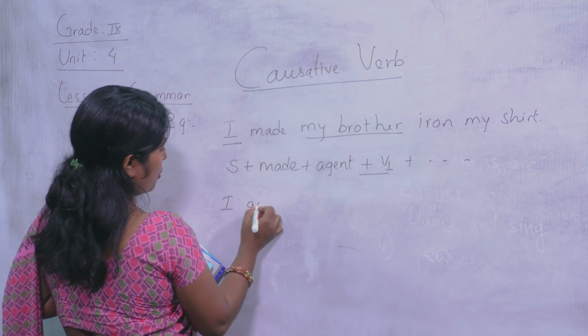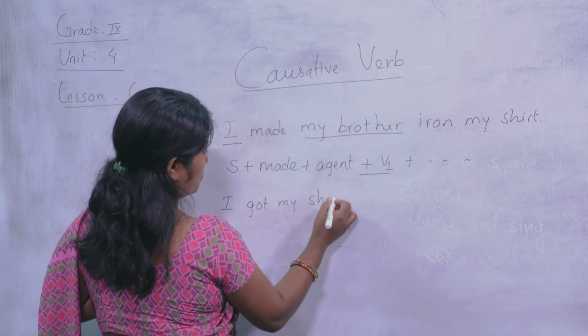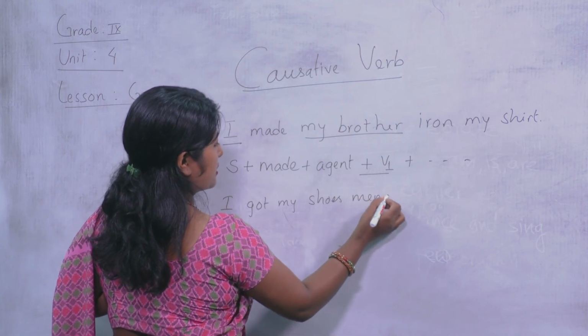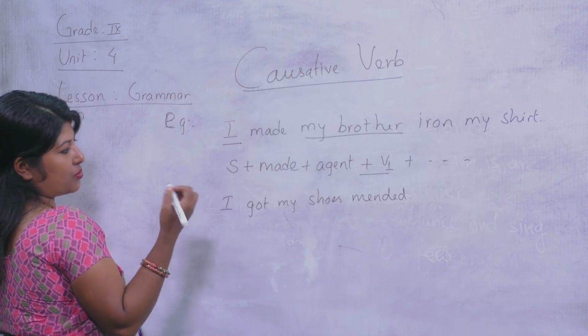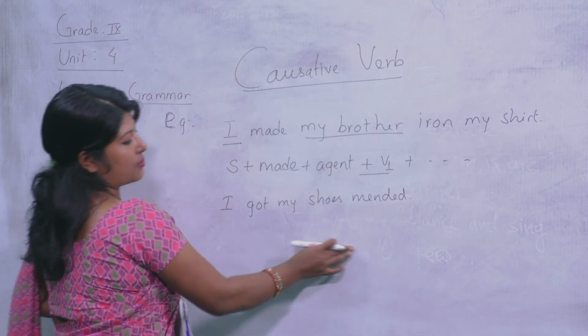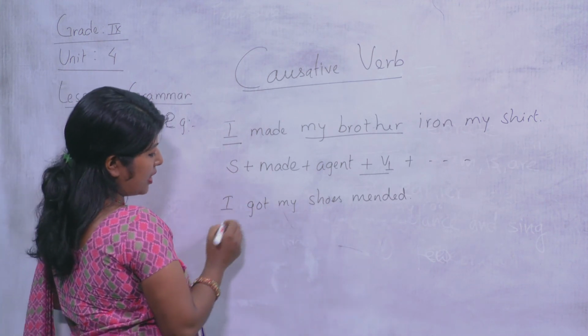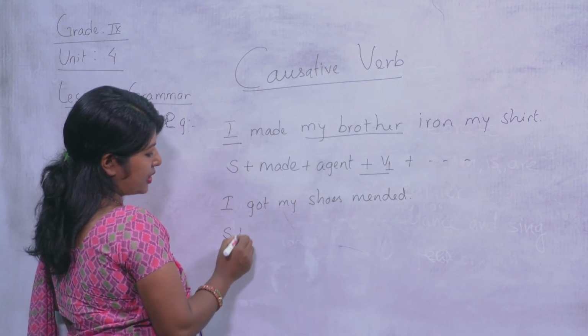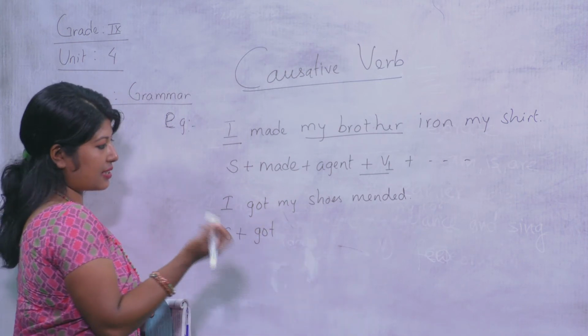I got my shoes mended. So can you analyze this structure? I as a subject, got, the causative. Got, get, gets.